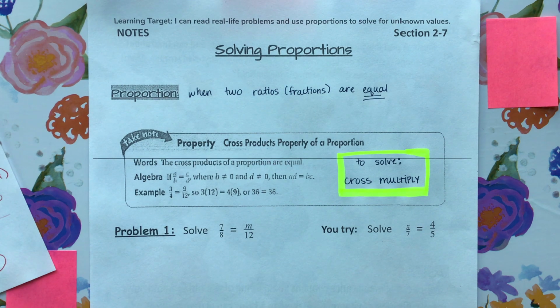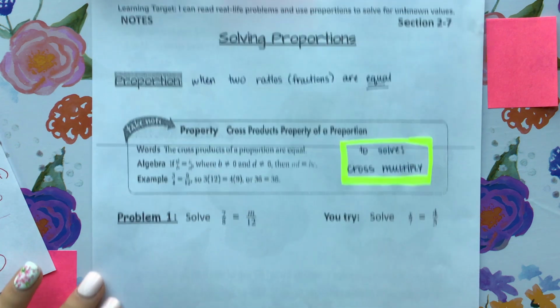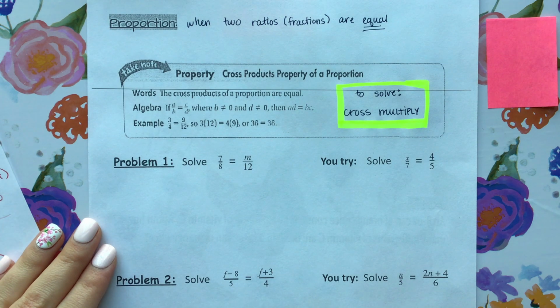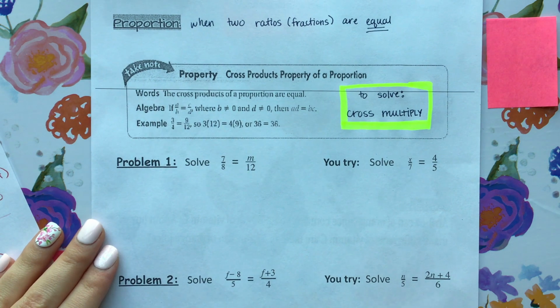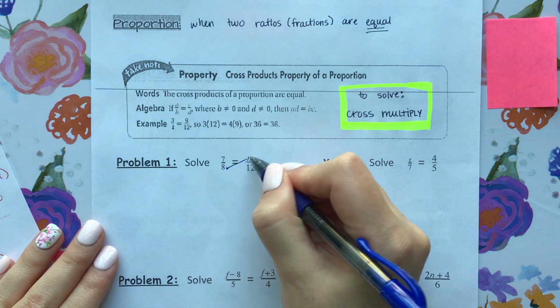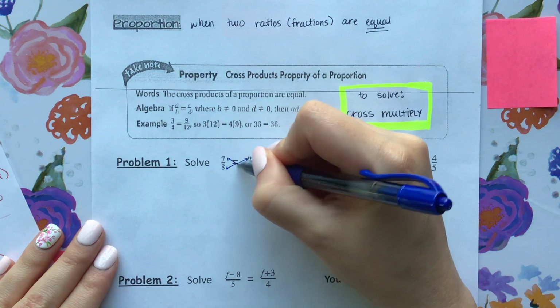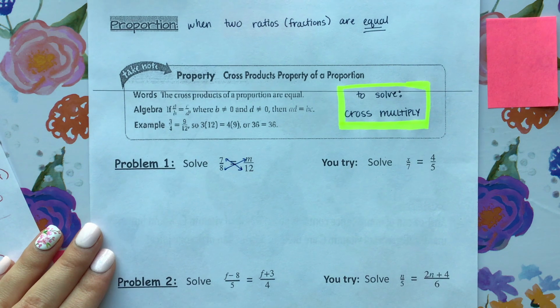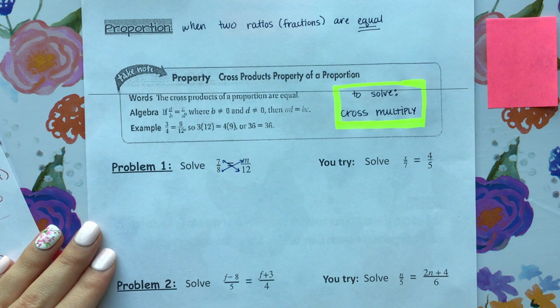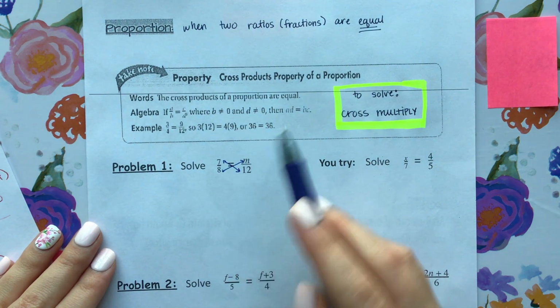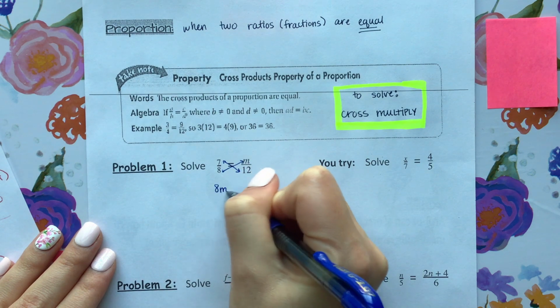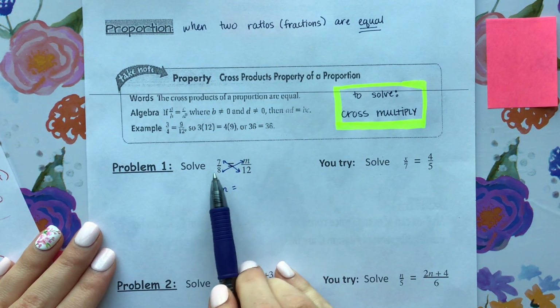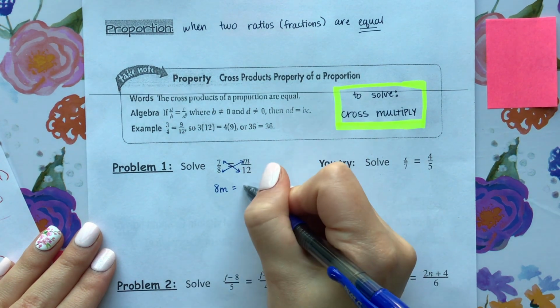So with our first two examples in problem 1, you have seen stuff like this before in your DMR. So I take my terms and I cross multiply them. It doesn't matter what side you write the variable on, you're going to get the same answer either way. So I'm going to say 8 times m is 8m, and then 7 times 12 is 84.